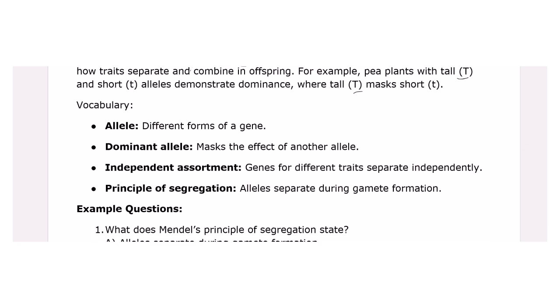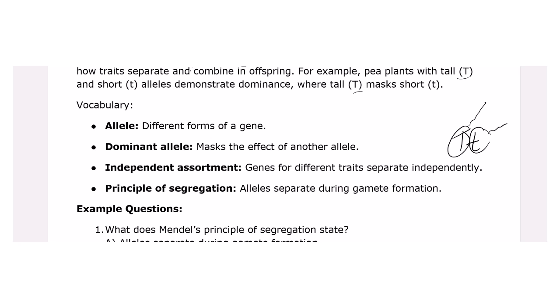So that means, if we're talking about sperm, for example, and a person is heterozygous, one sperm would get the big T and another sperm would get the little t. So the alleles separate. Independent assortment is that genes of different traits separate.